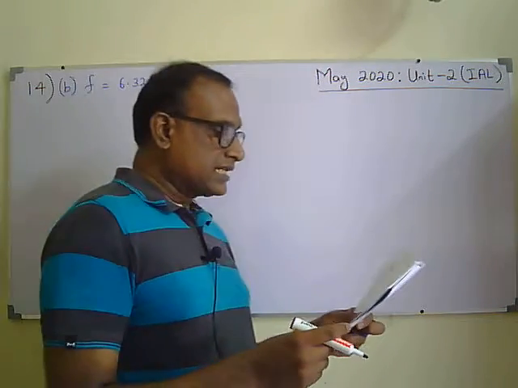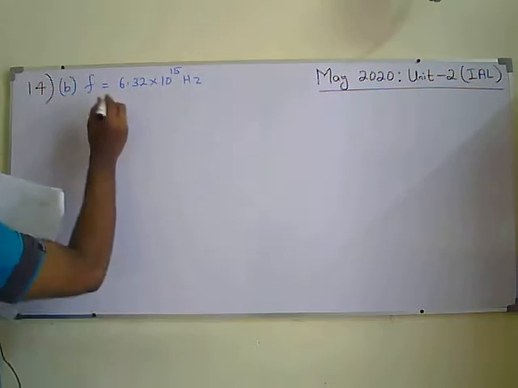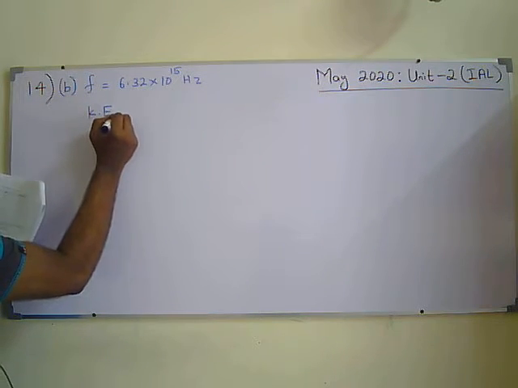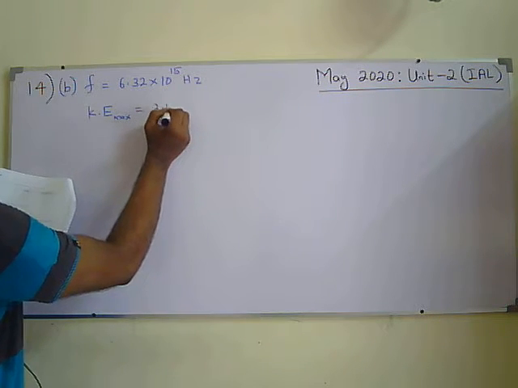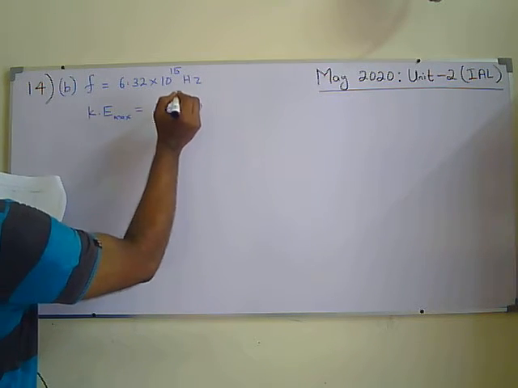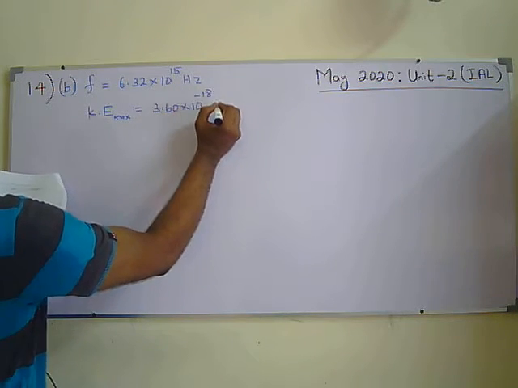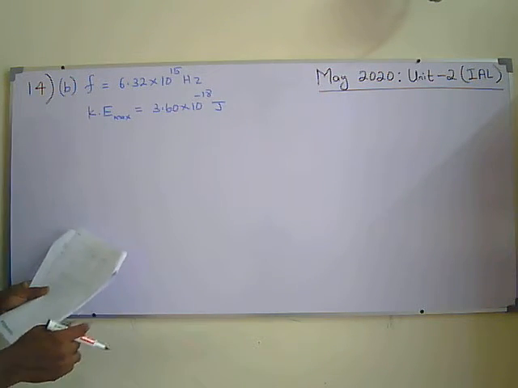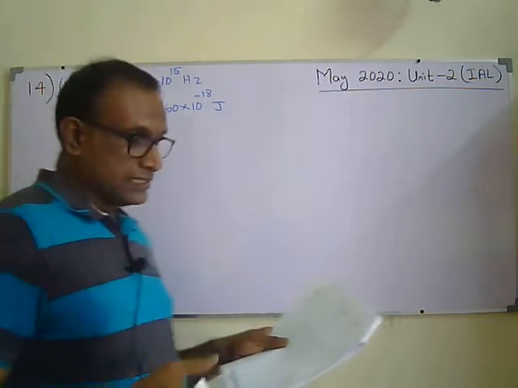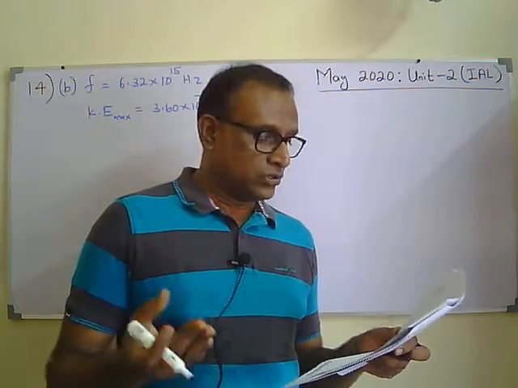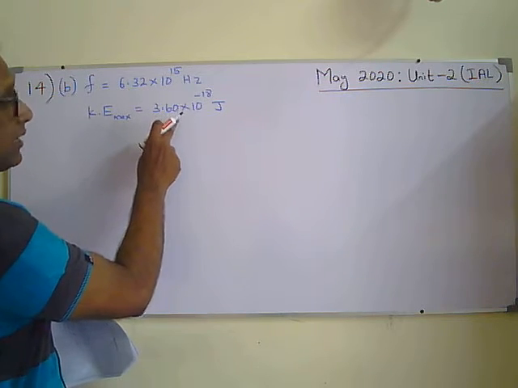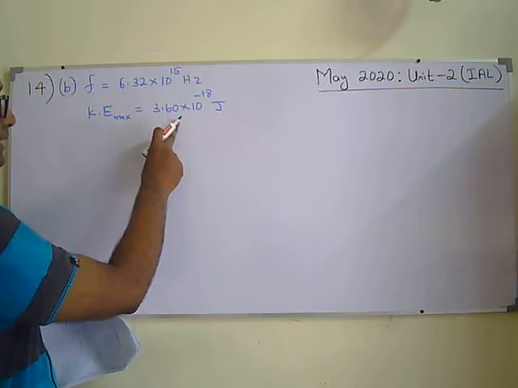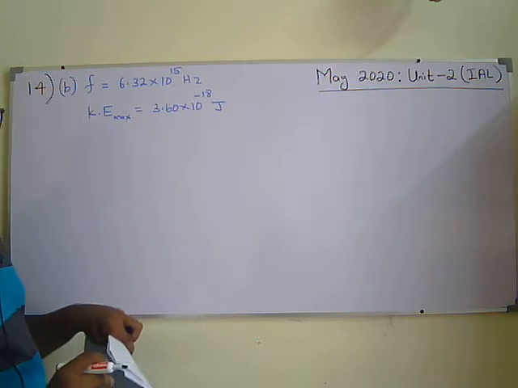The photoelectrons are released with maximum kinetic energy, so maximum kinetic energy also given as 3.60 times 10 to the power minus 18 joules. Determine which of the 4 metals. So they gave a table, I told already, which metal can give electrons with this as the maximum kinetic energy for this frequency of radiation.